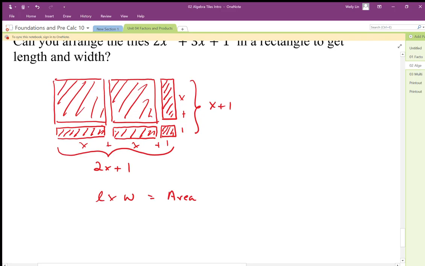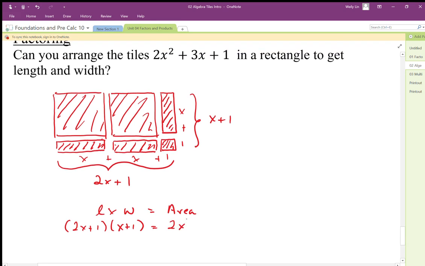Our length and width are going to be expressed as 2x plus 1 and x plus 1. I put them in brackets to show that they are factors. When I multiply these together, I get the area of 2x squared plus 3x plus 1, because remember that the algebra tiles here all represent area.